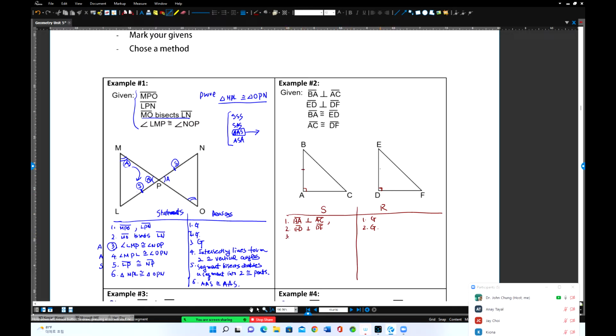This side and this side are equal. BA or AB doesn't matter, but we're going to follow this BA, same order. BA congruent ED. Number 4, AC congruent DF. They're all given.